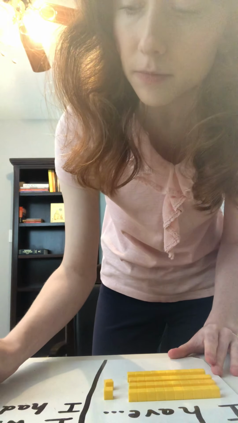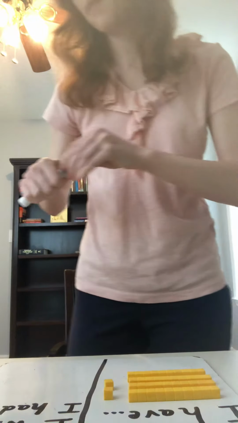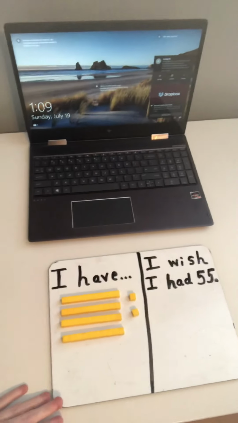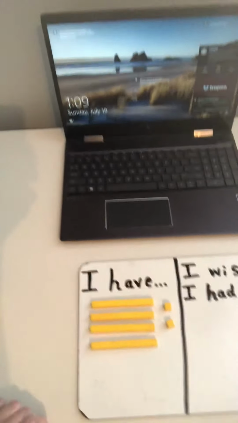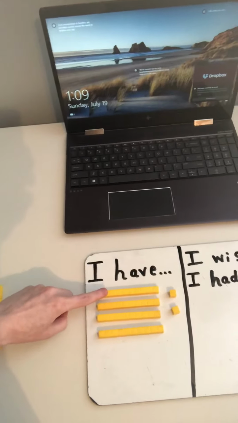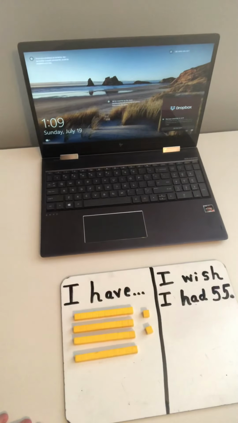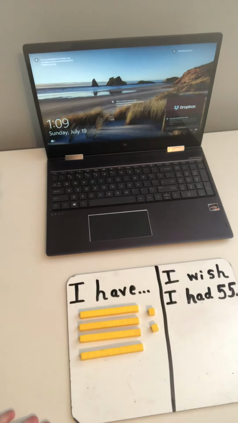Okay, so here is our number using tens rods and ones cubes. I hope you all can see that. It says I have, so I want you to count in your head what that number is. Okay, are you ready?